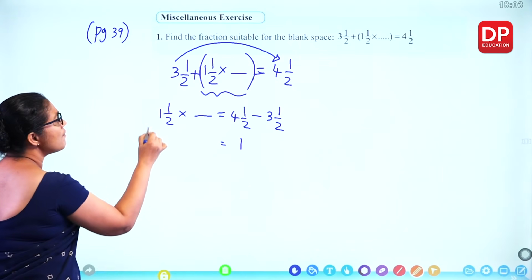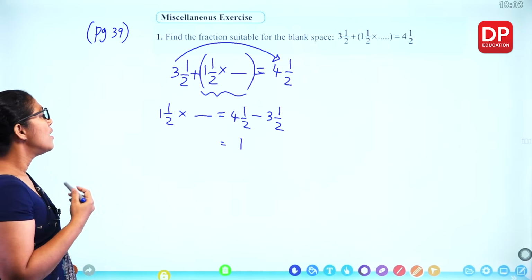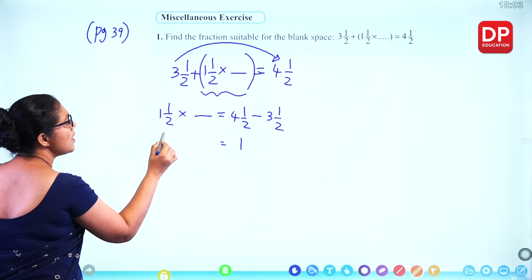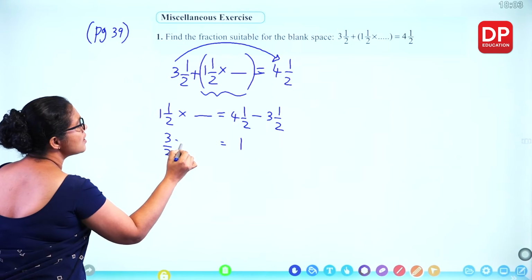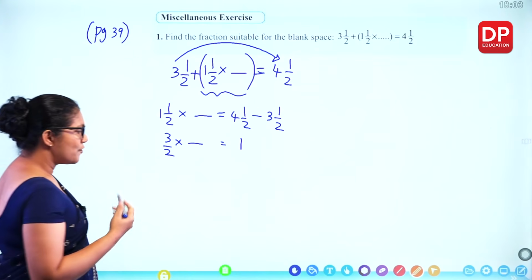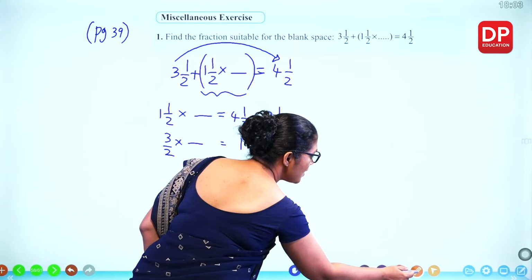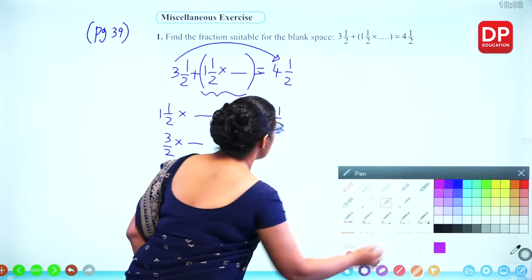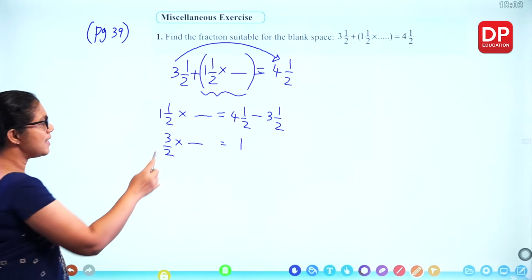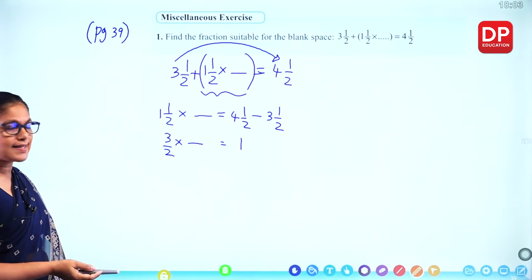So when you convert 1.5 to an improper fraction, 2 times 1, 2, 2 plus 1. So 3 over 2 times a value becomes 1. So that means now on this side there's a fraction. So to get 1, that means these two should get cancelled out.